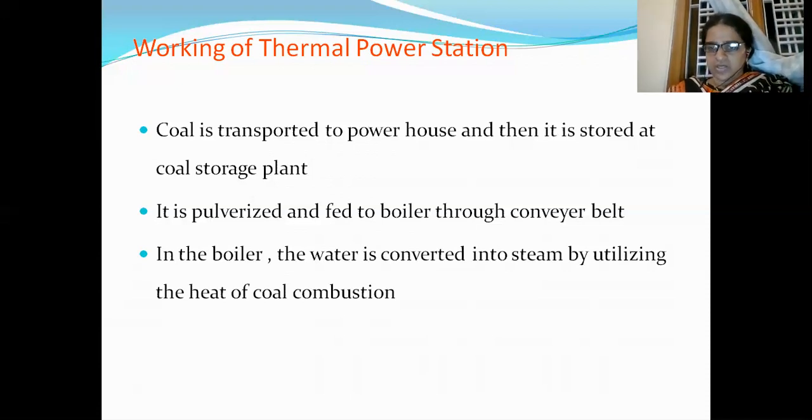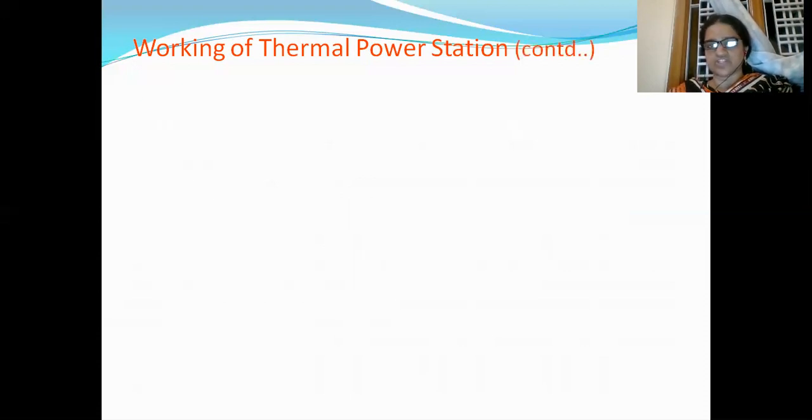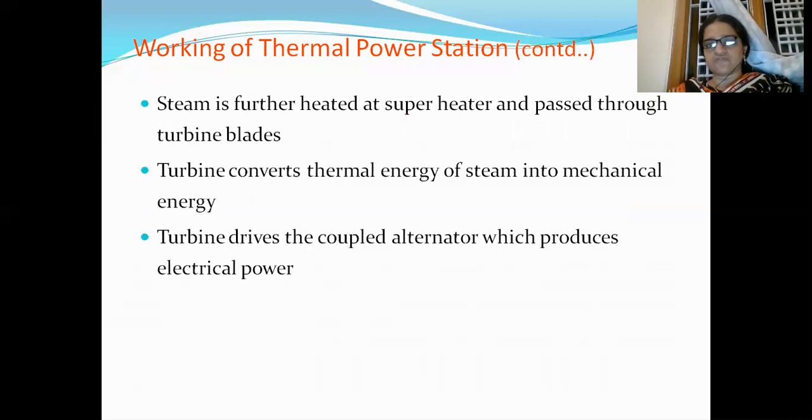In this way, we are generating steam, or thermal energy. Next is the working of the thermal power station. Steam is further superheated at the superheater. There are additional components which help in increasing the temperature of the steam.